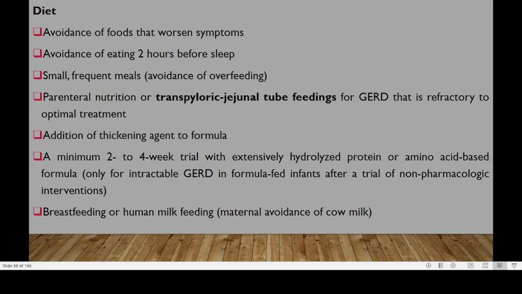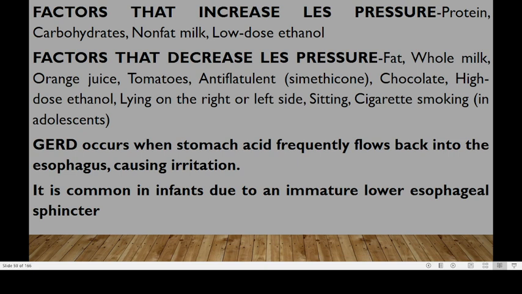Also, addition of a thickening agent to a formula, or a minimum 2 to 4 week trial with extensively hydrolyzed protein or amino acid based formula, only for intractable GERD. Breastfeeding or human milk feeding with maternal avoidance of cow's milk is also another option.